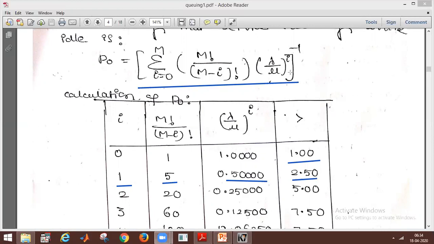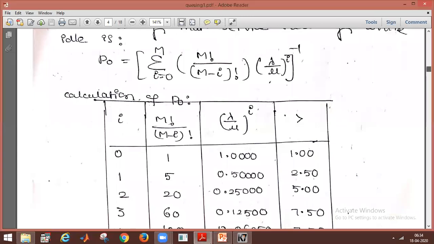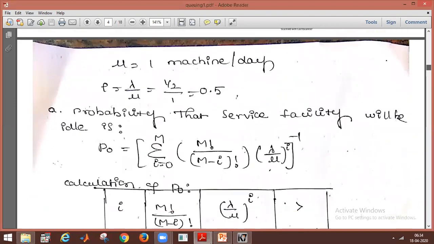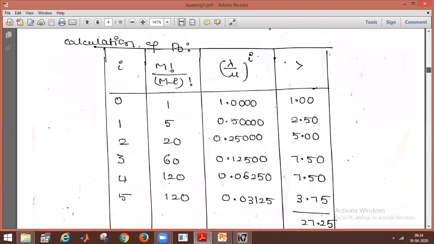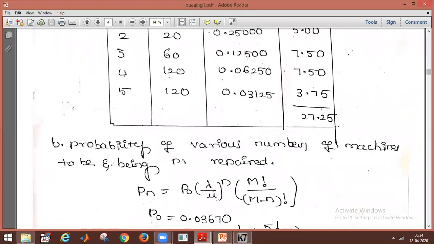Up to 5 we use the same formula, and the total value is 27.25.